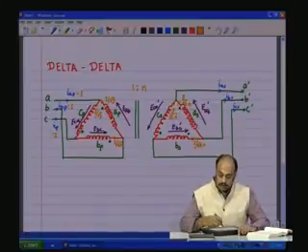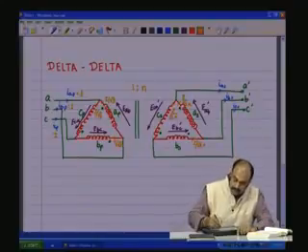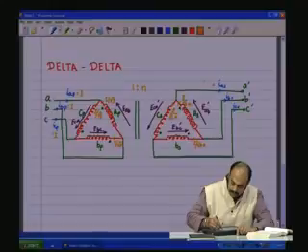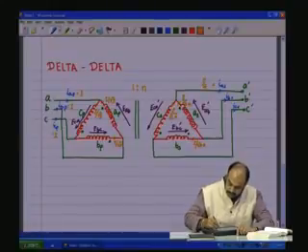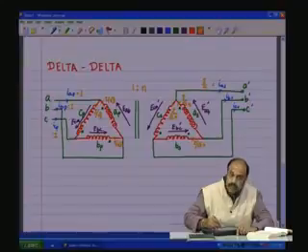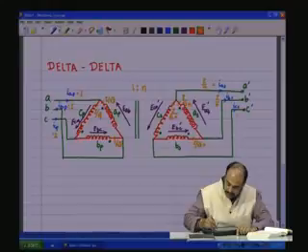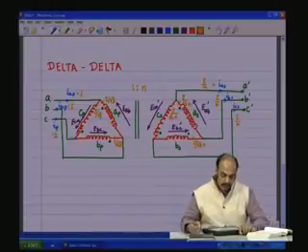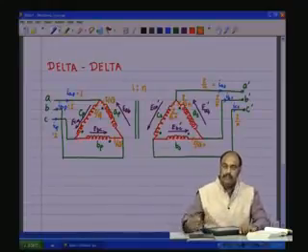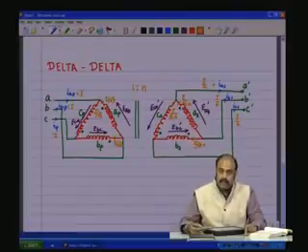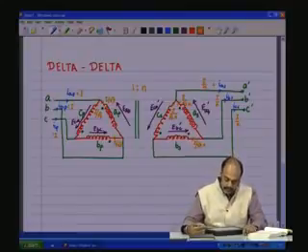So, these are the phase currents in the secondary, and then what comes into the line of the secondary would be root 3 times the phase current, that is I by n. So, this is how the current mapping occurs as it flows through the 3-phase transformer topology.